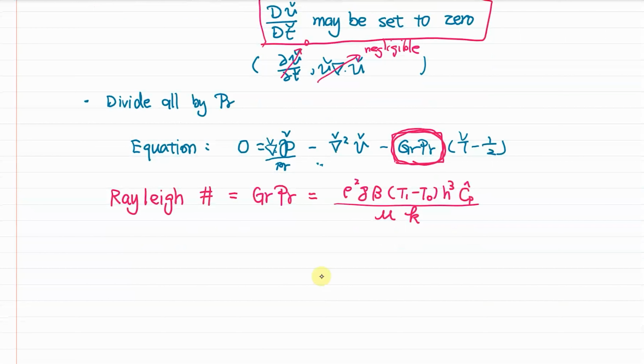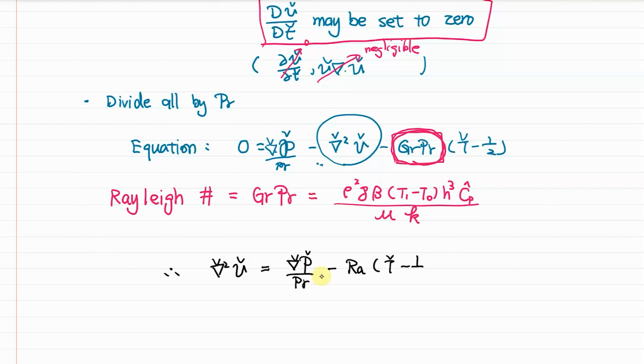We can move the viscous term to the left-hand side, and all the rest staying on the right-hand side. So we have now the dimensionless Laplacian of velocity equals the pressure term over the Prandtl number minus the Rayleigh term times T minus 1 over 2.